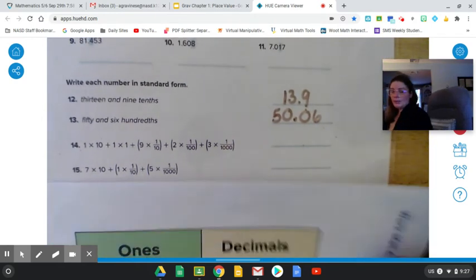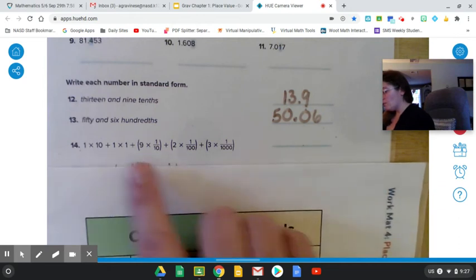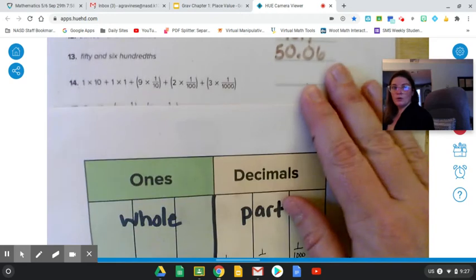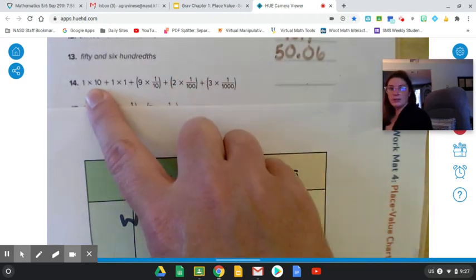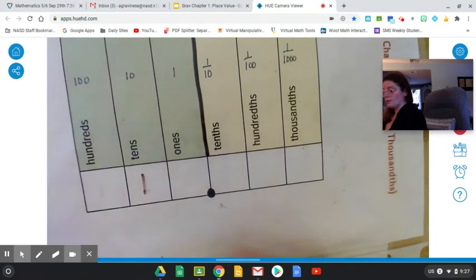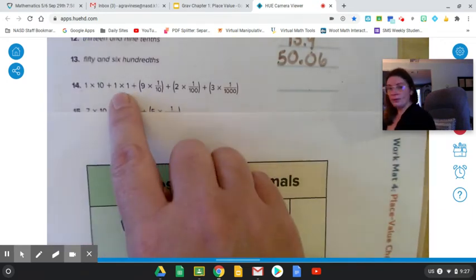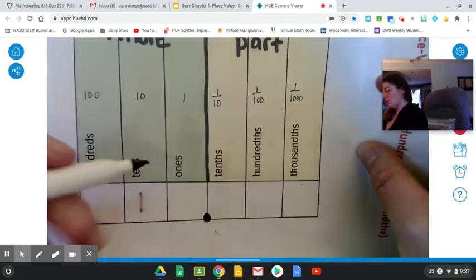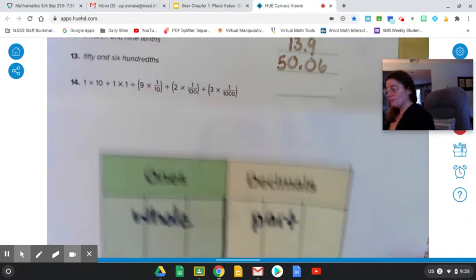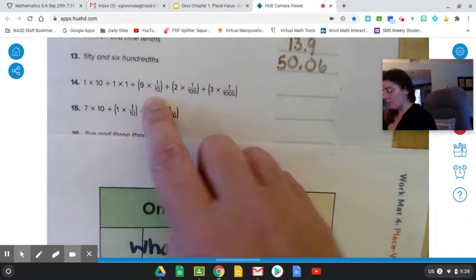And then let's do a few expanded form. For this one, using a place value chart is super helpful. We have 1 in the tens place. Here's tens, we need a 1. We have 1 in the ones place. Here's the ones place, we need a 1. So far we have 11. We need a 9 in the tenths place.